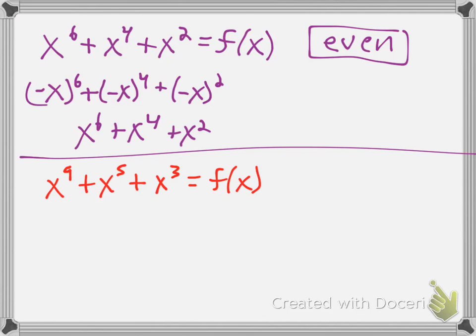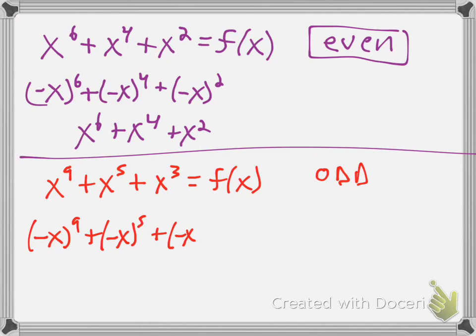All of my variables have odd exponents, so it's odd. And again, if I make all my x's negative, I end up with negative x to the 9th minus x to the 5th minus x cubed. It is exactly opposite. It was positive up here, it's negative down here. Positive up here, negative down here, positive up here, negative down here. It's odd.